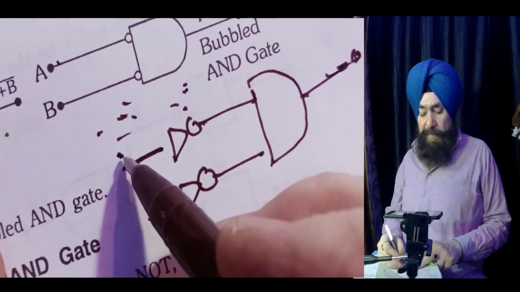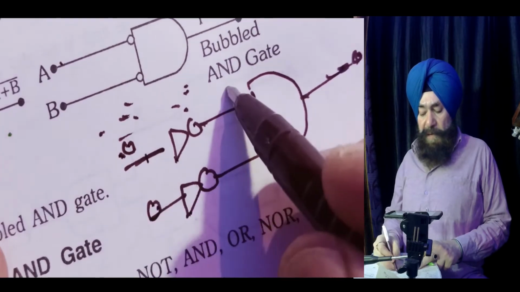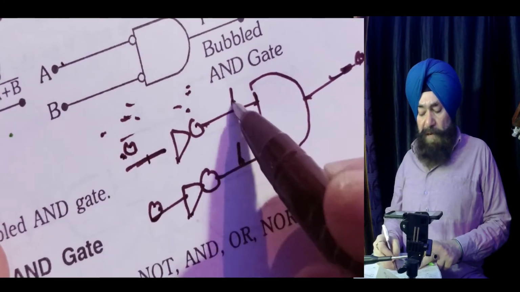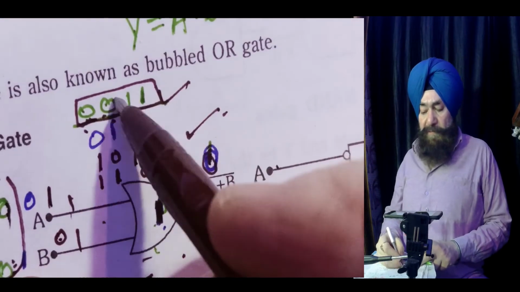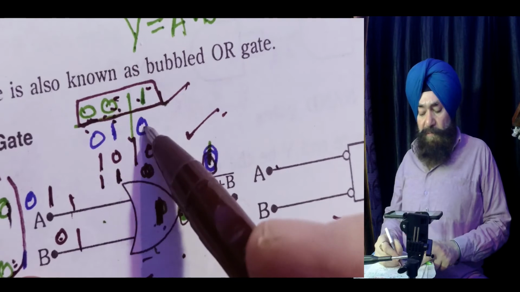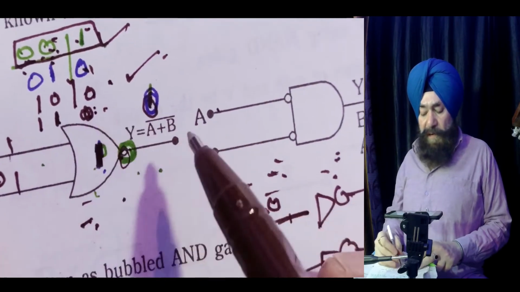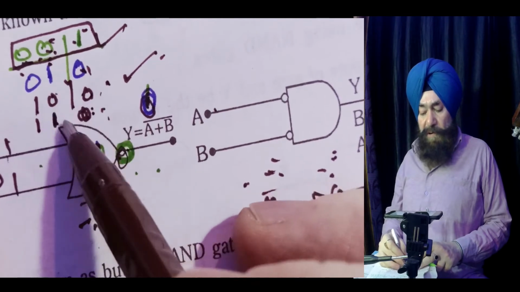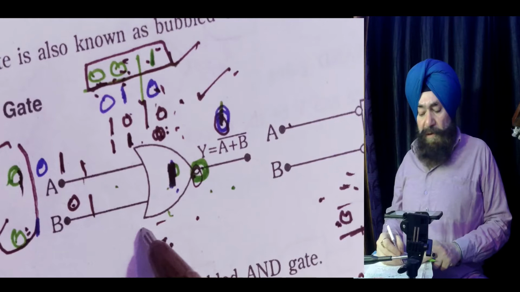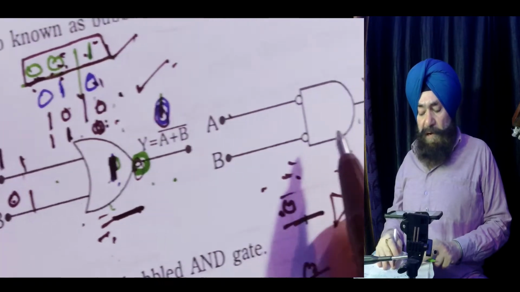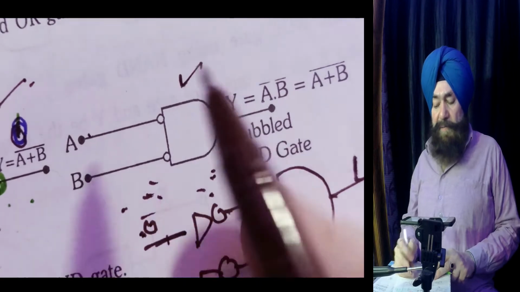If 0 is here, 0 is here, 0 0 becomes 1 1, and 1 1 AND gives 1. So I prove this first. You prove all the other three cases. If you prove all the three cases, then the NOR gate will be equivalent to the bubbled AND gate.